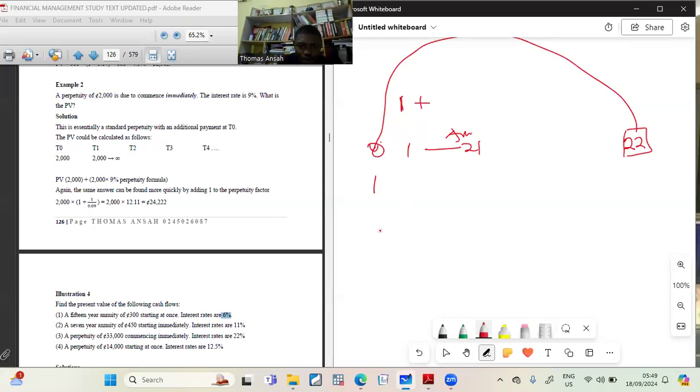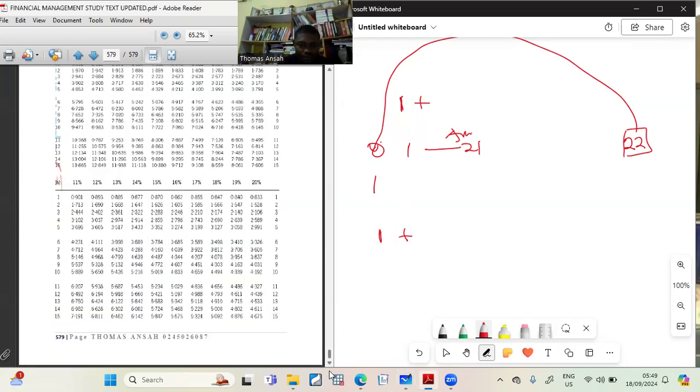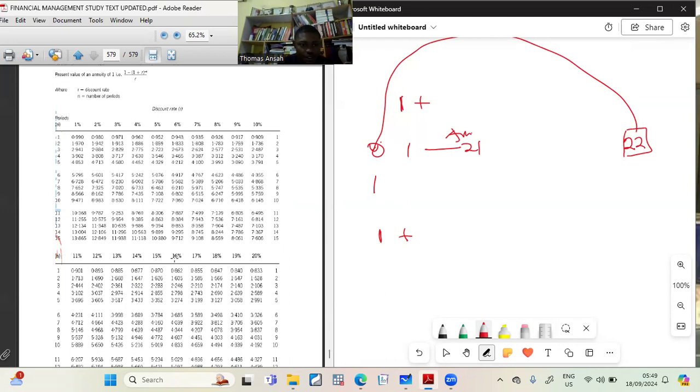my year 0 will be represented by 1. Then I'll go and read 6% for 14 years. So let's go straight. 6%, do we have 6%? It's 6% for 14 years. That is 9.295.